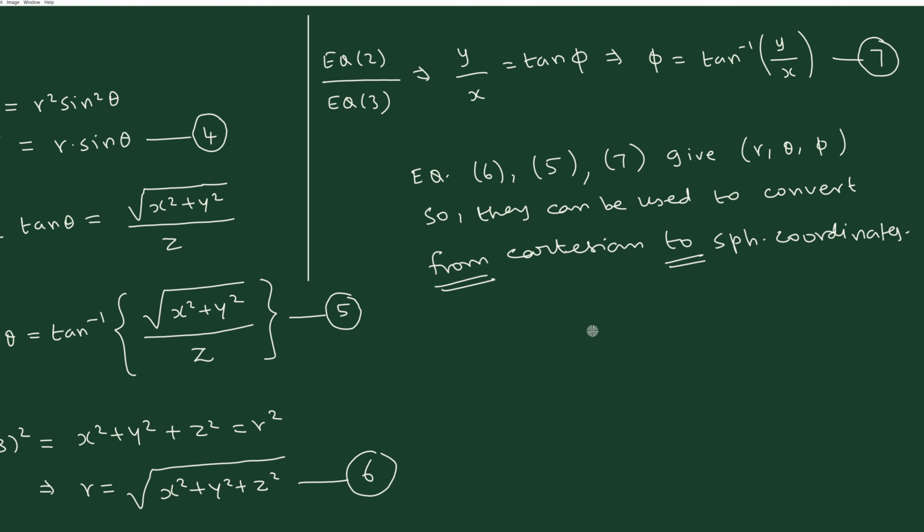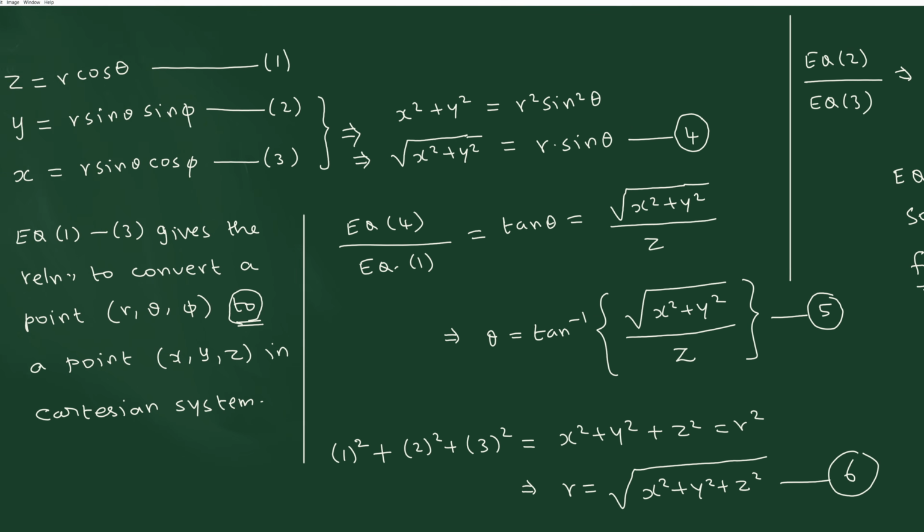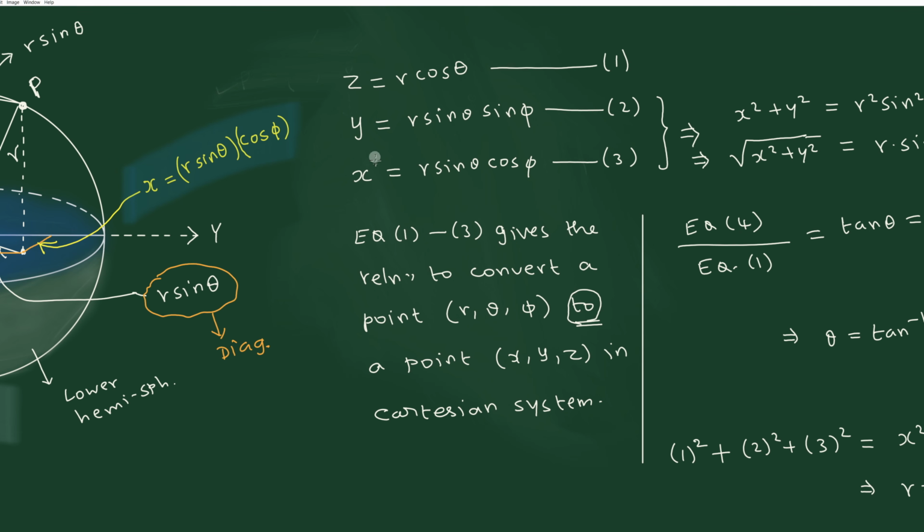So from and to is important. If you are inverting them, then the equation numbers change. Instead of 6, 5, 7, you have to use the previous ones, equation 1, 2, 3.